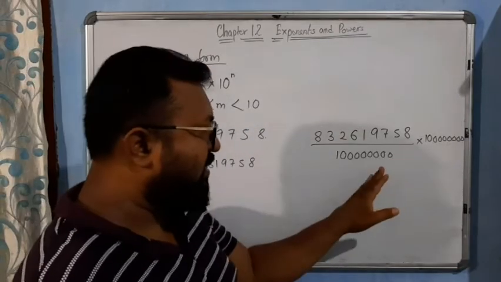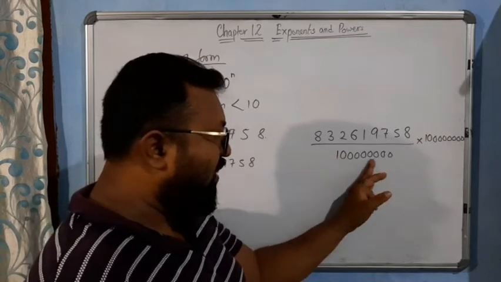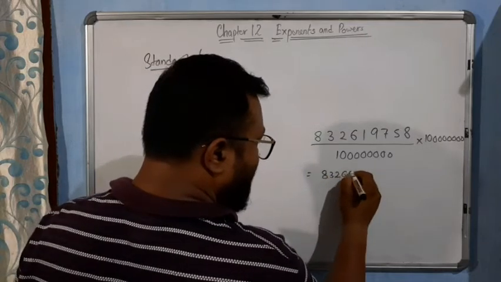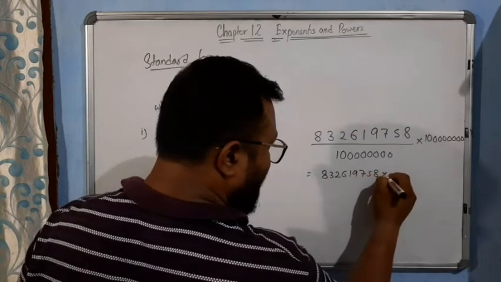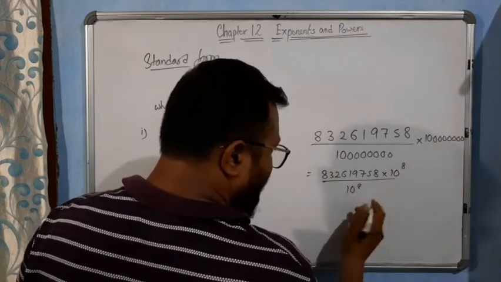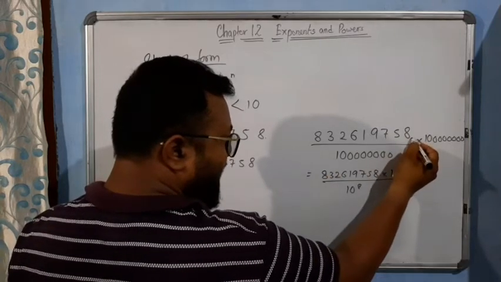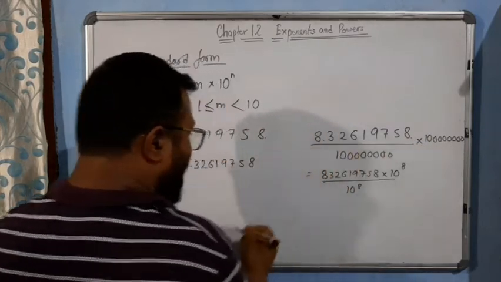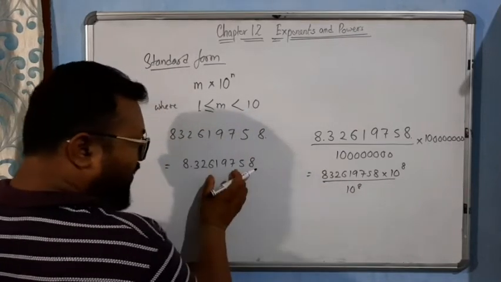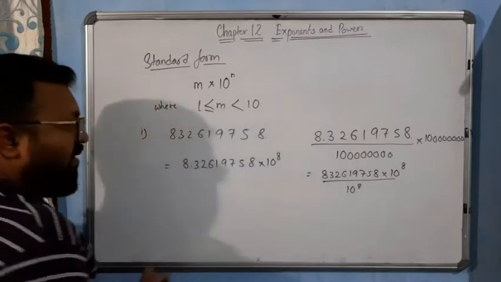We can write it like this: 8, 3, 2, 6, 1, 9, 7, 5, 8 into 10 to the power 8, because there are 8 zeros. This 10 to the power 8 is used up to shift the decimal from this point to this point, and ultimately the other 10 to the power 8 remains as it is.